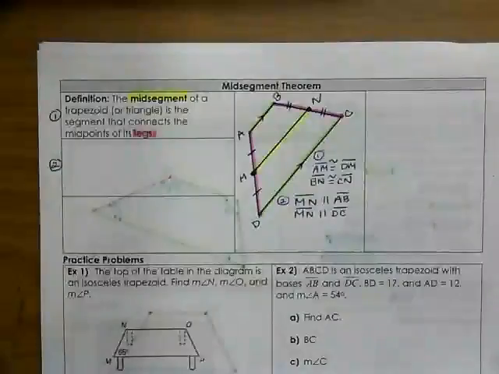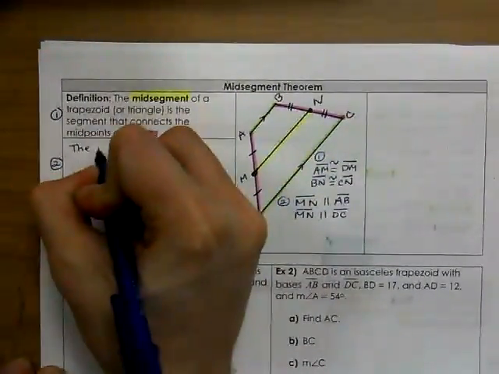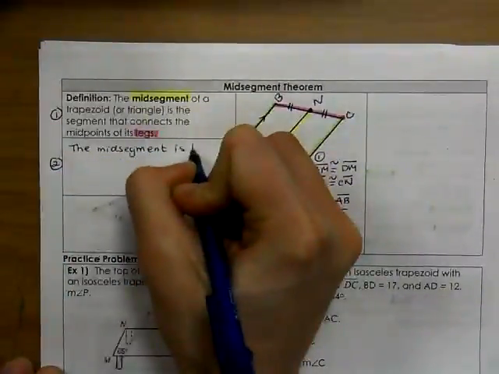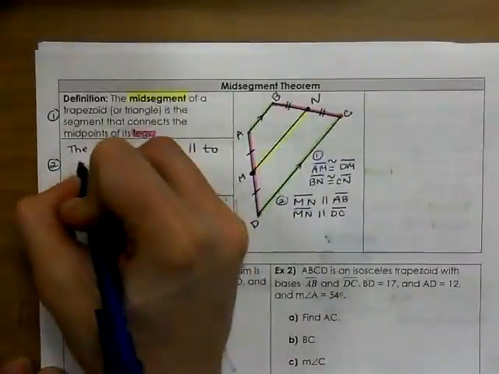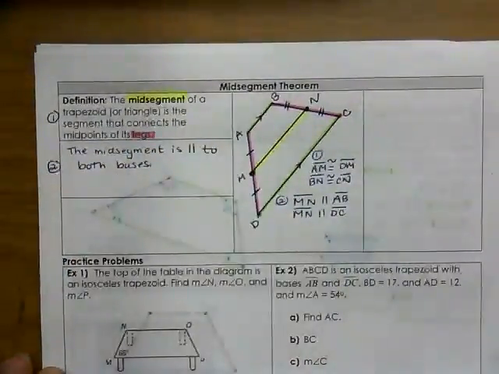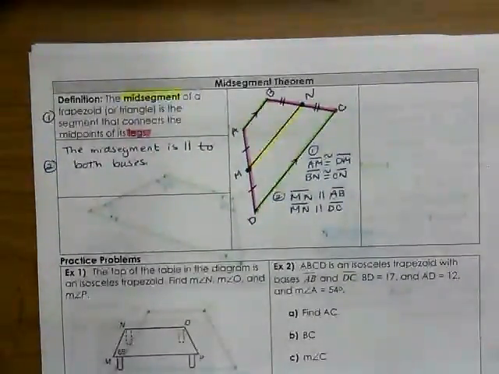It's parallel to both bases. So the midsegment is parallel to both bases.